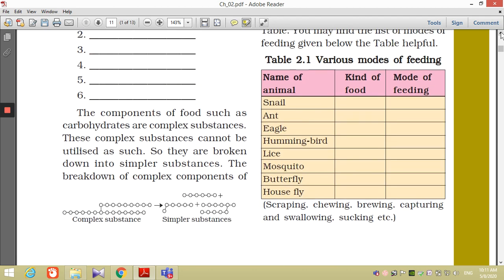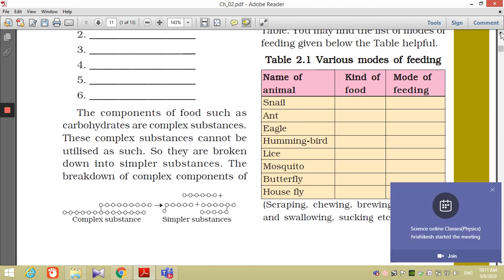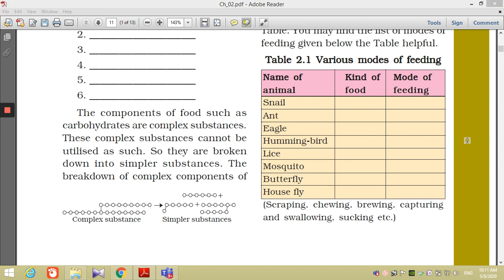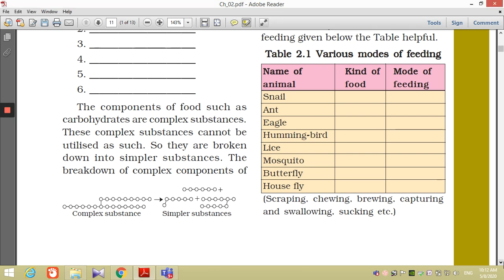They have various modes of feeding. In this activity, you will write the names of various animals, the kind of food they take, and their mode of feeding. So you will complete this activity.